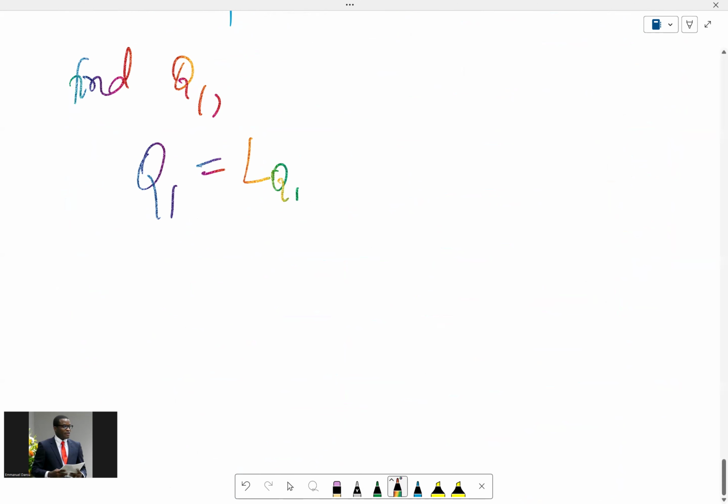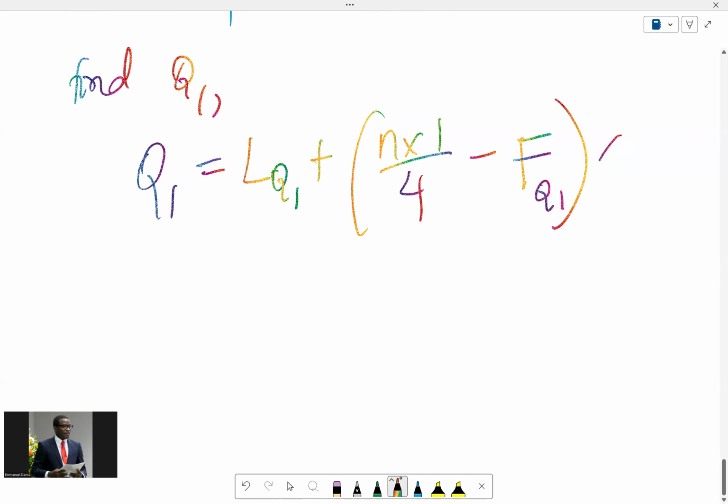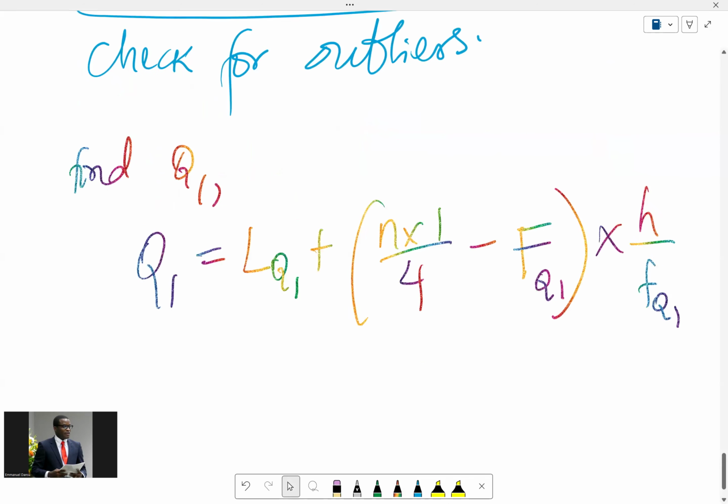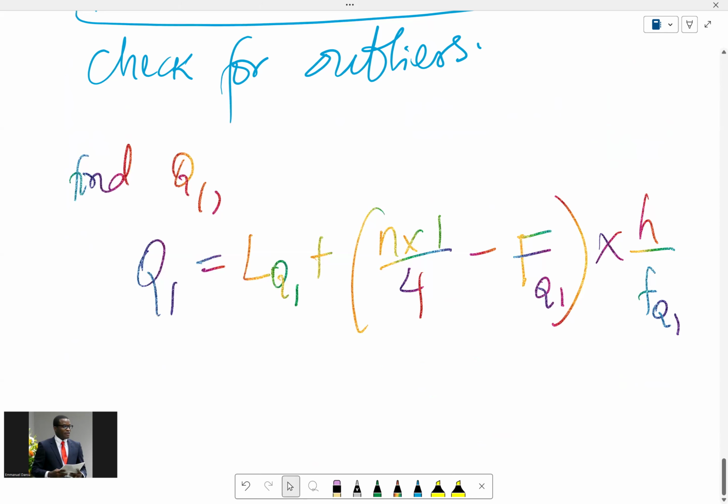So I can say LQ1 plus n times 1 divided by 4 minus the cumulative frequency before the first quartile class, times the class width over the frequency of the first quartile class.